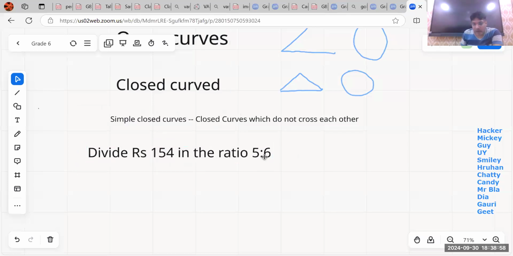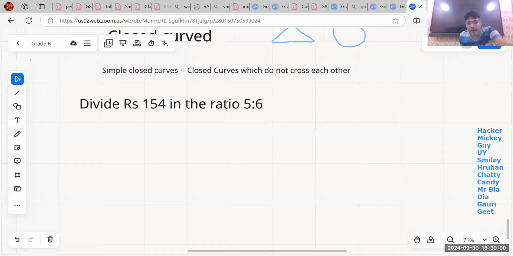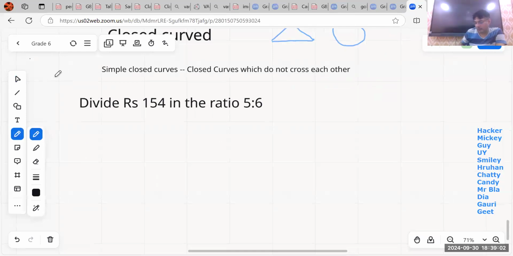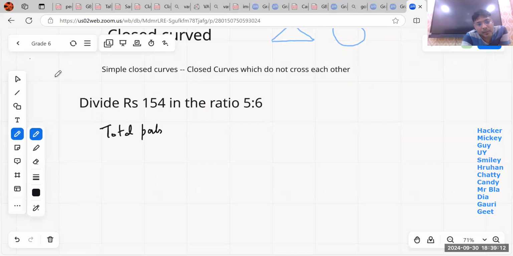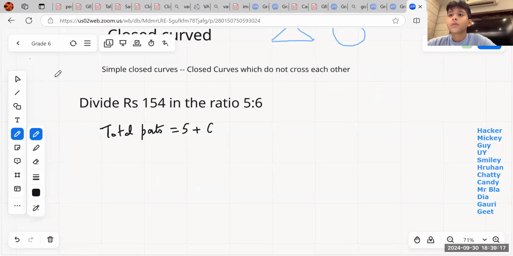So first we find what? Total parts. So how many total parts are there? There are 11. How? 5 plus 6 is 11.